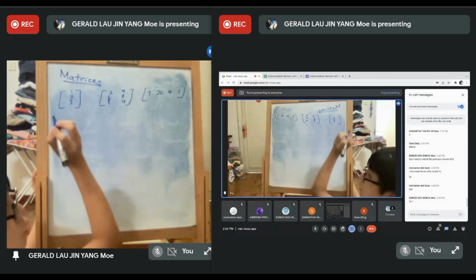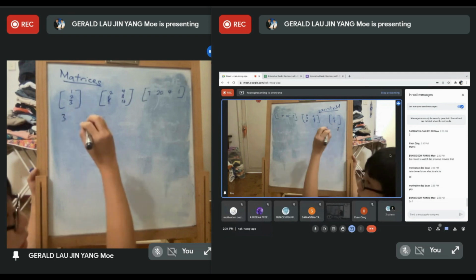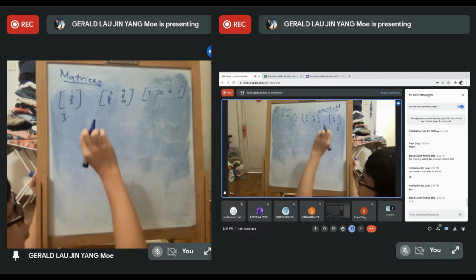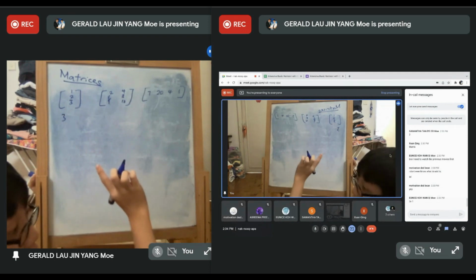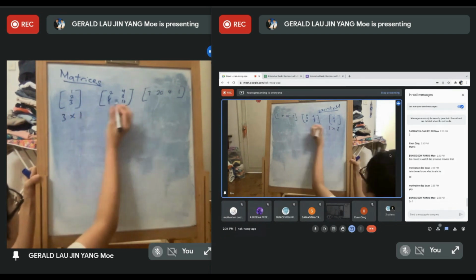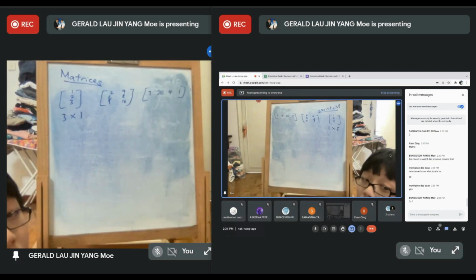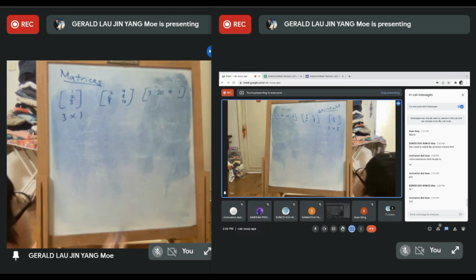Okay, 3 times 1 because 3 rows and 1 column. Don't mess up. Row always comes first. In matrix, no matter what you do, it's always the row that comes first. Later you see addition and subtraction also has row come first, then only column. So 3 times 1. Okay, this one, 3 times 2. Yes, well done.